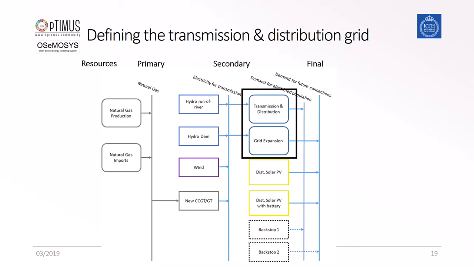To be able to model grid expansion in the model with different cost and efficiency, it can be good to model different technologies as seen in this reference energy system, where you have grid expansion and the current transmission and distribution system.